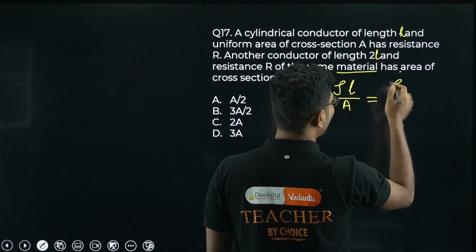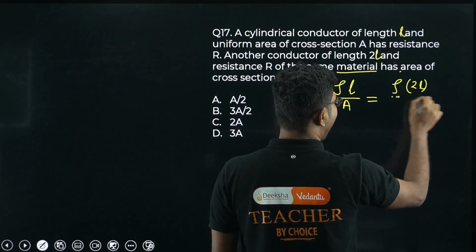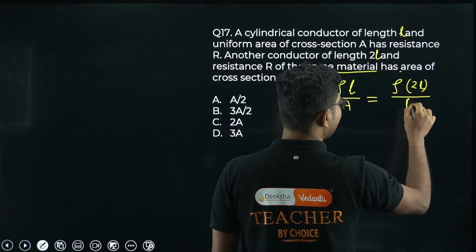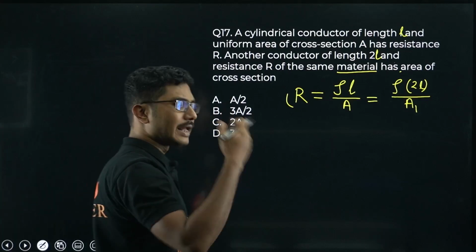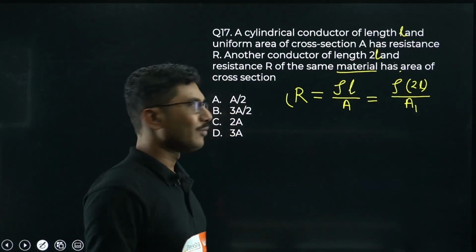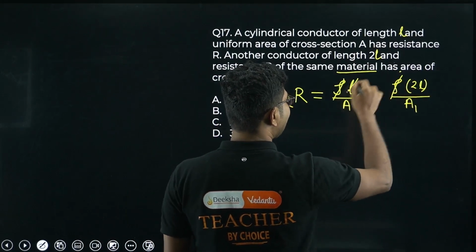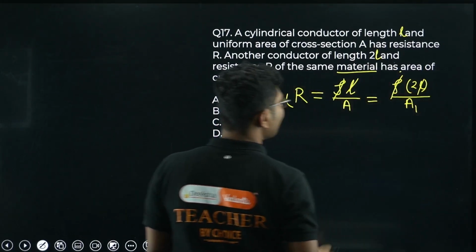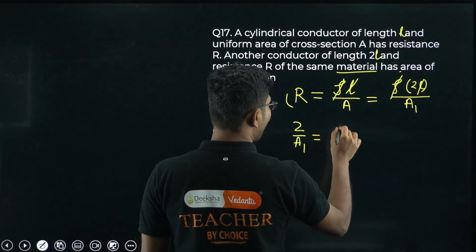The material is the same, so rho will be the same. But the length is 2L, and the area we do not know, say A1. We are trying to find this value of A1. So rho cancels, L cancels.